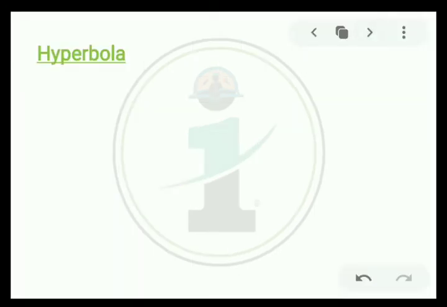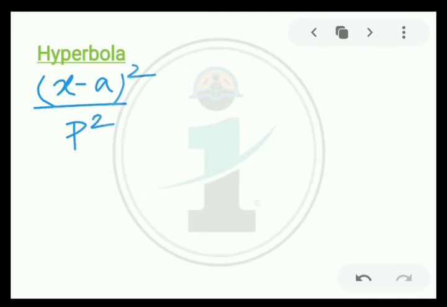Now come to the hyperbola. So that is the last thing in conic section. So the hyperbola has an equation almost similar to the ellipse, but there is something different, and the difference is it will be minus.